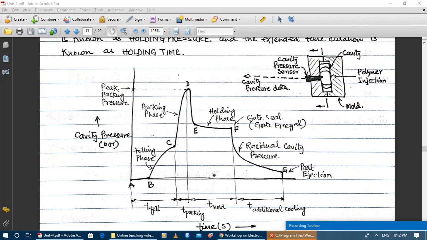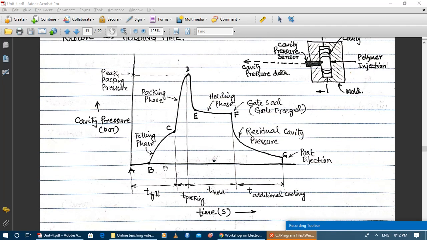Let us say that we have applied a cavity pressure transducer or sensor that can measure the pressure inside the cavity, and it sends the signal of cavity pressure data with respect to time. So here we can plot my cavity pressure versus time.